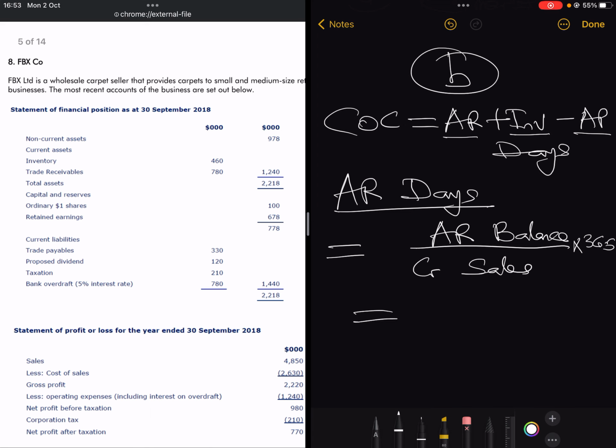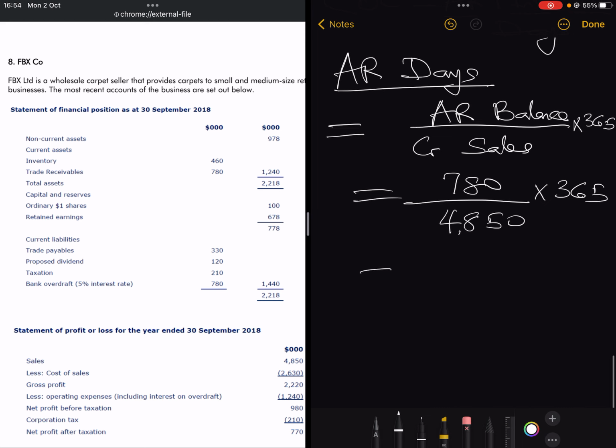So that equals 780 divided by the sales, which is in the statement of profit or loss account, that is 4850. Then multiply by 365 days. If you press your calculator, this will give us 59 days.